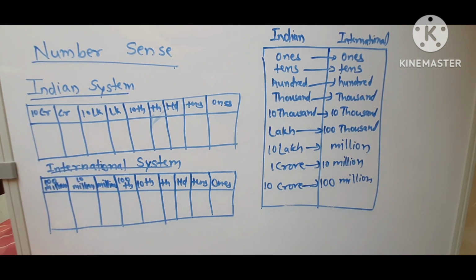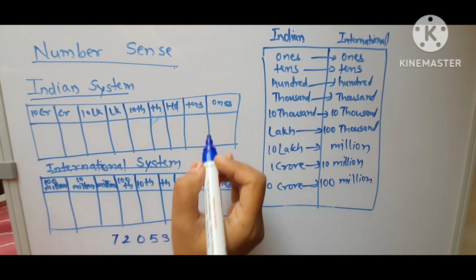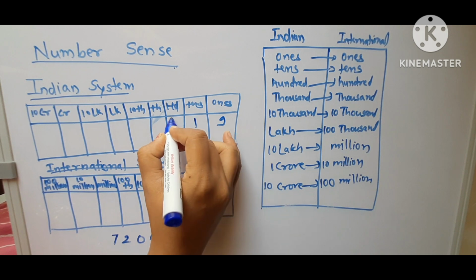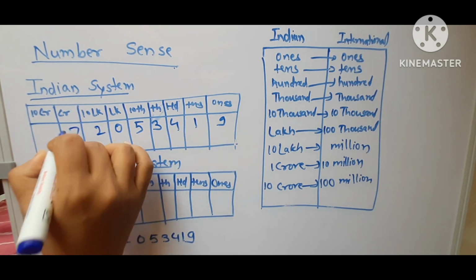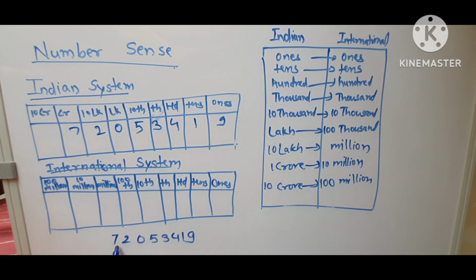So in case we have any number, say suppose 72053419, if I have to write this number in the Indian system of writing, how will I write it? 72,05,3419, and the way I will read it, 7 crore 20 lakh 53,419.